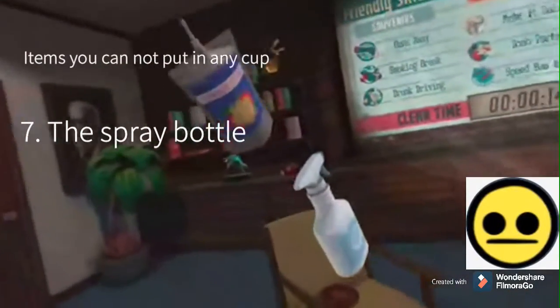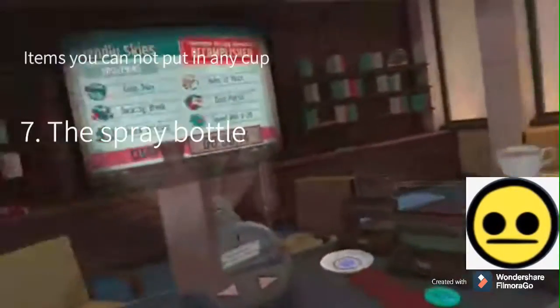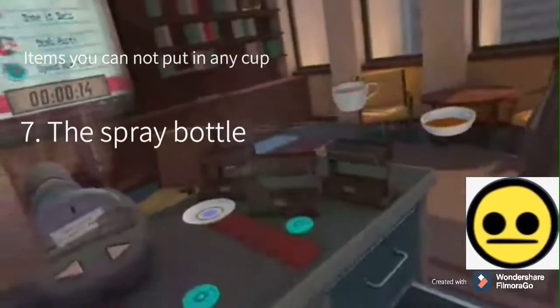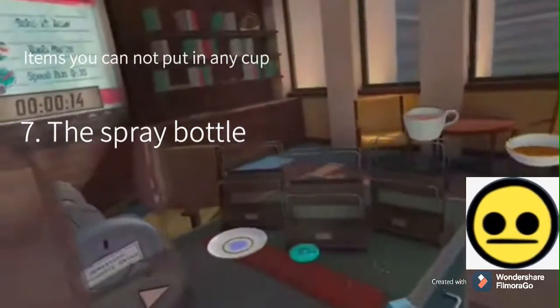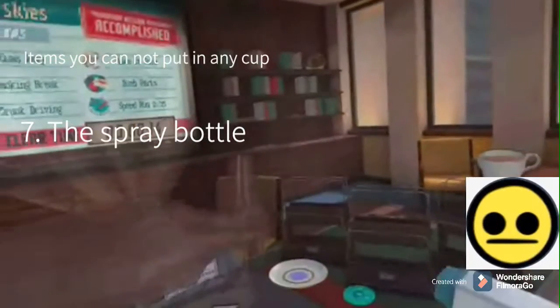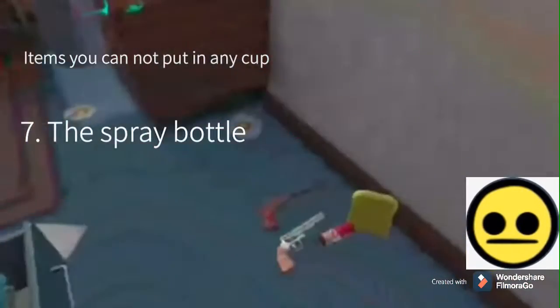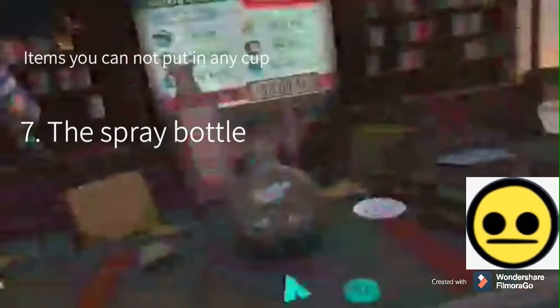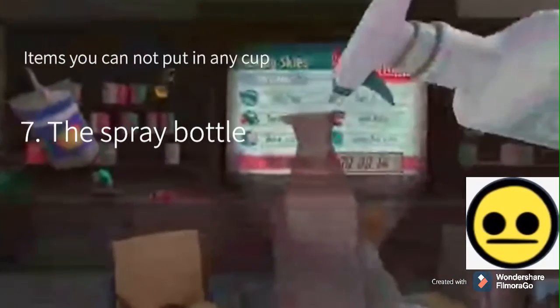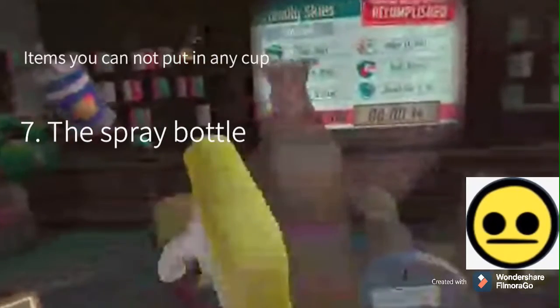The spray bottle is pretty interesting, because I thought, like Squirt, that it would be an actual liquid. It ends up not, which makes sense because you can't pour liquids into that.